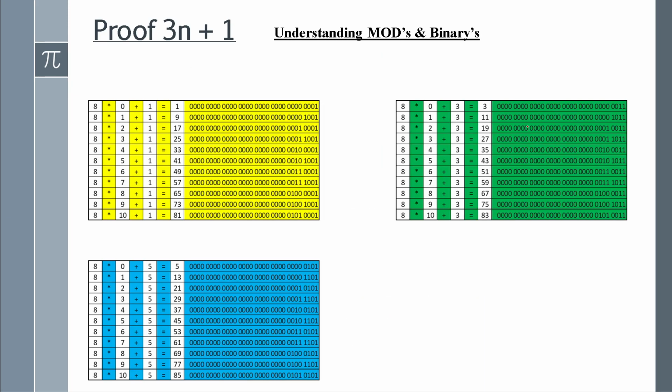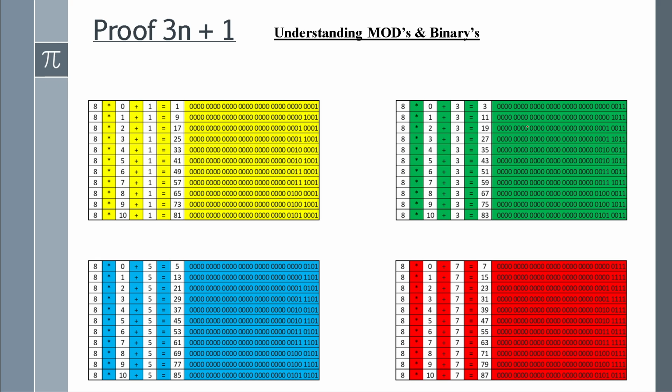So I showed you all this in a previous video, but I can take any number and look at it with a mod 8 perspective, right? I can mod 8 any number and it will give me the results. But what I want you to see is that both 1 mod 8 and 5 mod 8s are 1 mod 4 numbers, right?